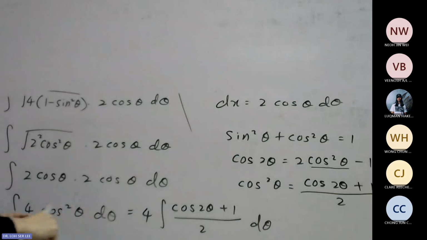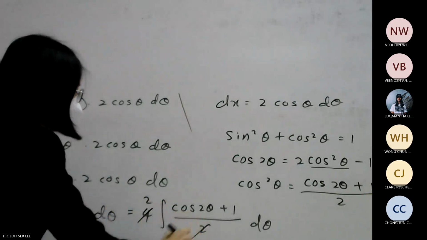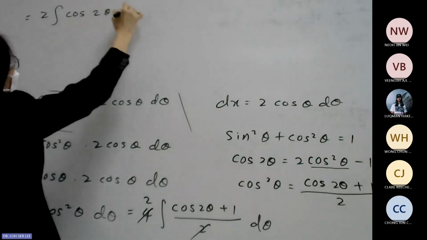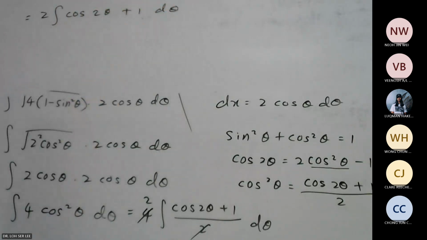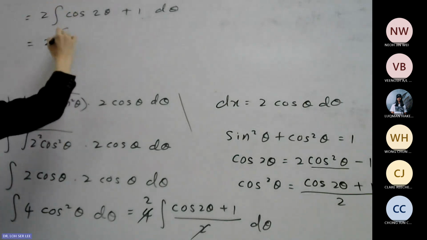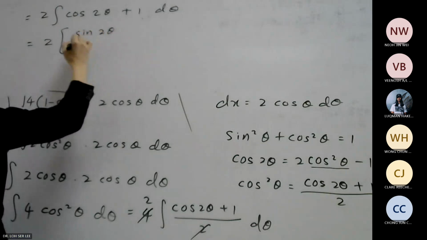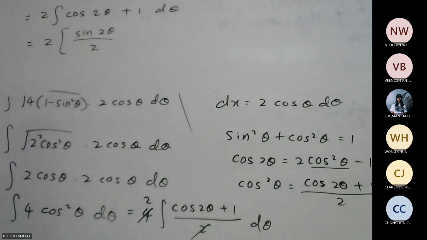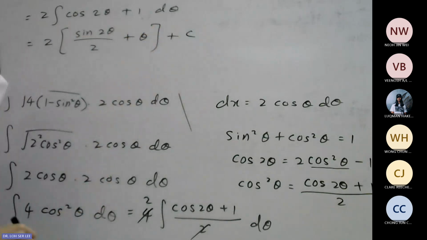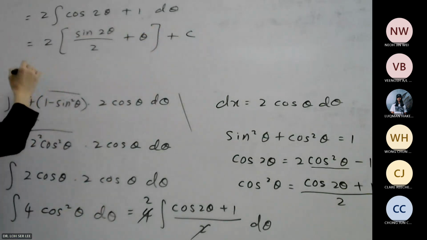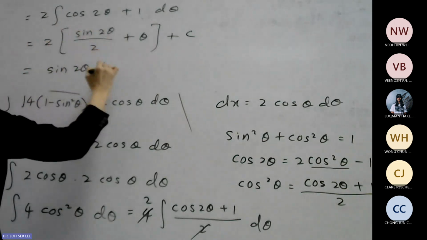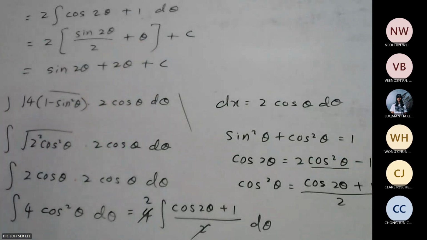Then cancel out, we have 2 times cos 2 theta plus 1. When we integrate cos 2 theta, we get sine 2 theta divided by 2, and the integral of 1 is plus theta, plus c. So this 2 cancels out with this 2, and you have sine 2 theta plus 2 theta plus c.